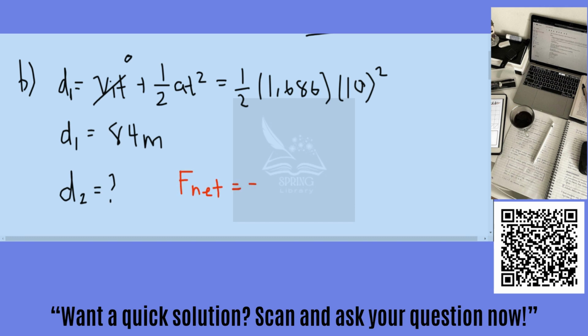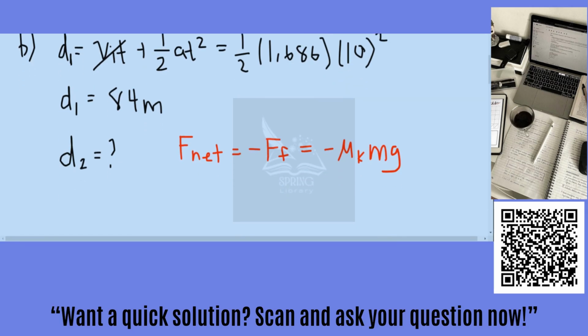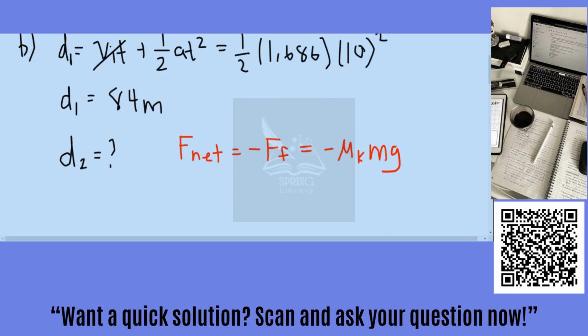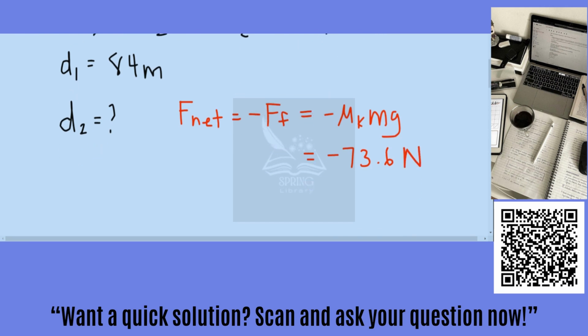But the acceleration is going to be different, right? Because if the jet skis stop working, there's no longer a thrust force. So the net force here will be equal to just the friction force. So the friction force we know is mu k mg. We've already discussed that. And so if you plug in the values here, you're going to get a value of 73.6 newtons for the friction force.